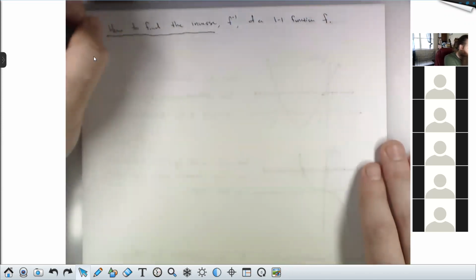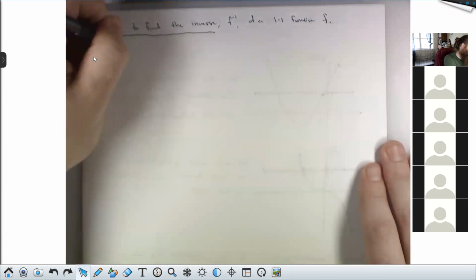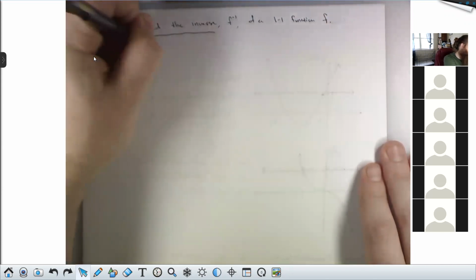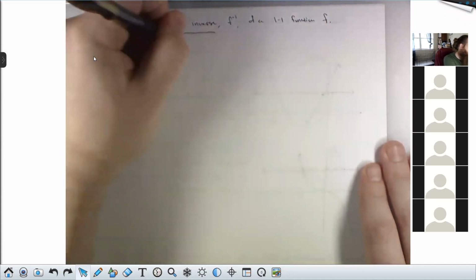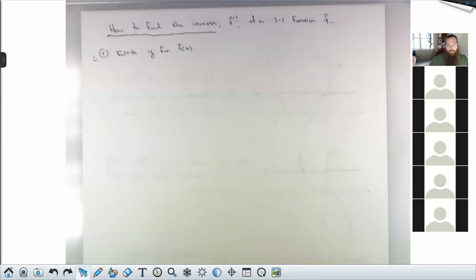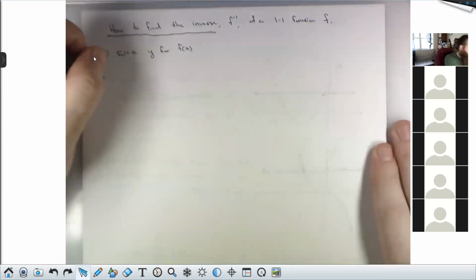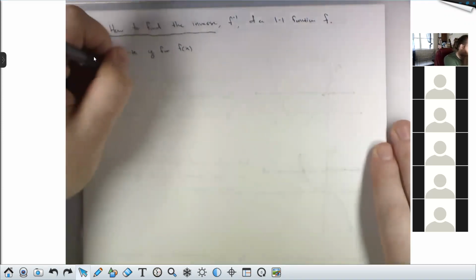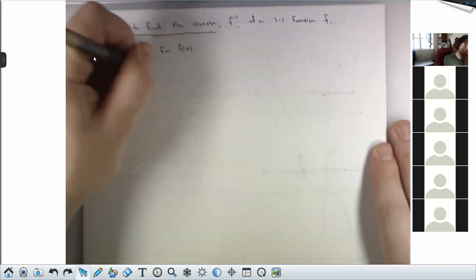The procedure is this. First, write y for f of x. All right, so if you've got f of x equals blah, blah, blah, just swap out that f of x for a y, the thing that you were doing in middle school. Second, solve for x.